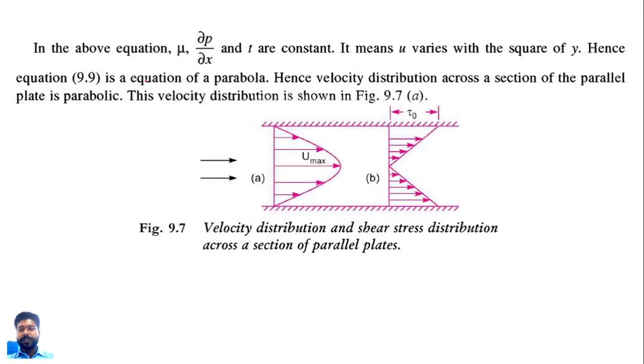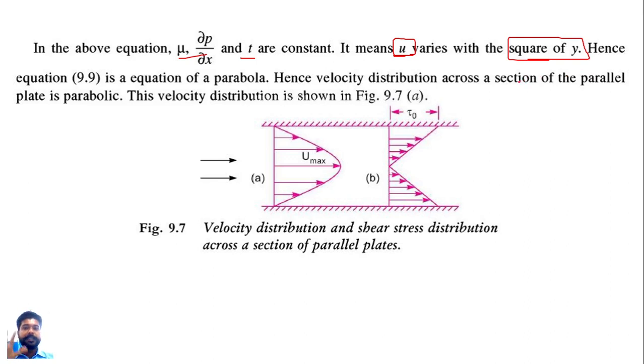In the above equation, you can see that mu, del p upon del x, and t are constants. It means that u varies with the square of y, same as, if you remember, the flow of a viscous fluid through a circular pipe.